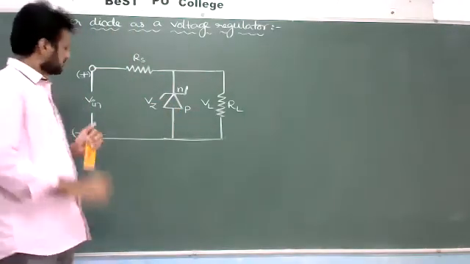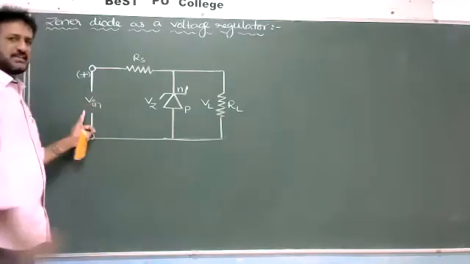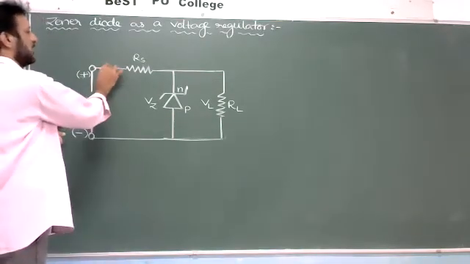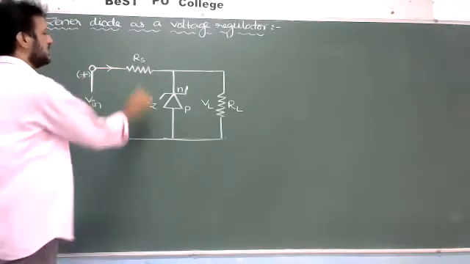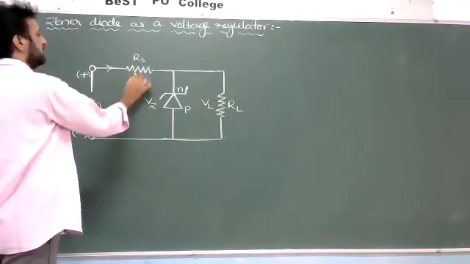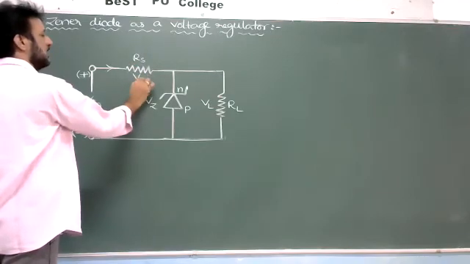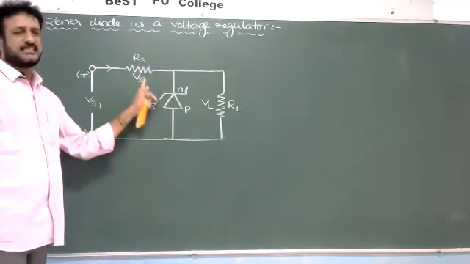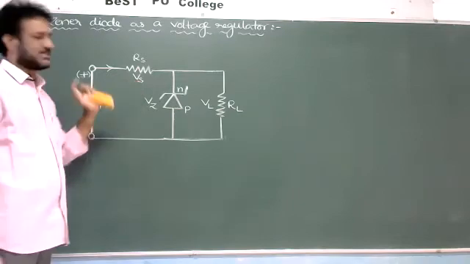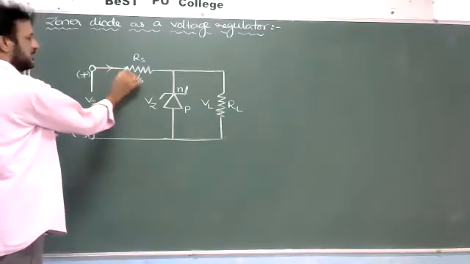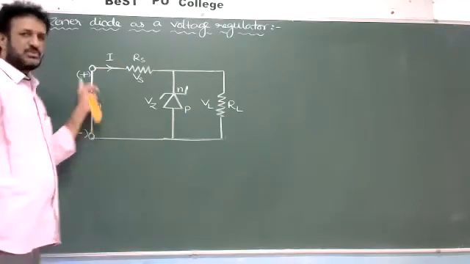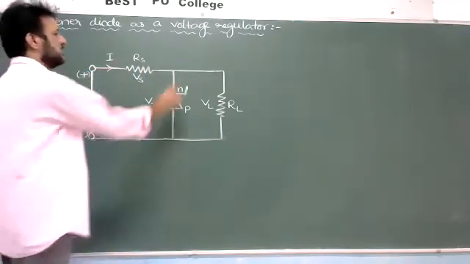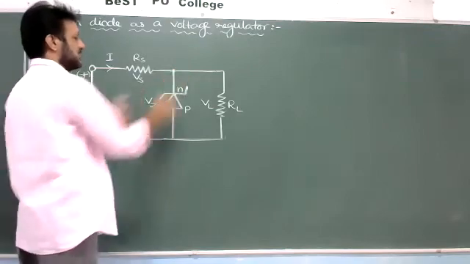That's important. Now, if you switch on this battery or source, current will flow like this. The potential difference here I'll take as Vs, the voltage across the resistance. Whenever current flows in this direction, the total current I'll take as I. This current is divided into two branches at this point.